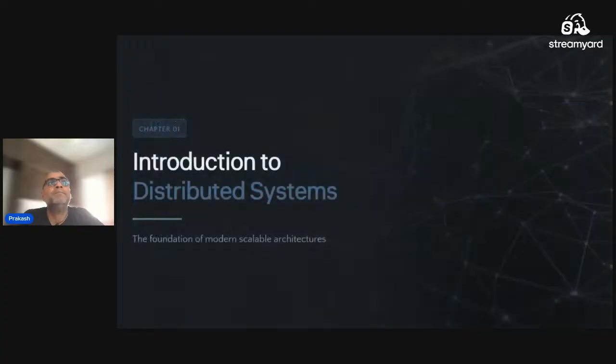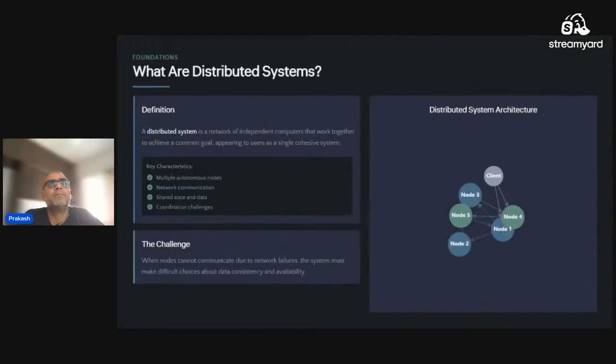Okay, so let's quickly talk about what distributed systems look like. What exactly does it mean when we say distributed systems? Basically, a distributed system is when systems are distributed across different geographies, of course, with network connections that we all know.